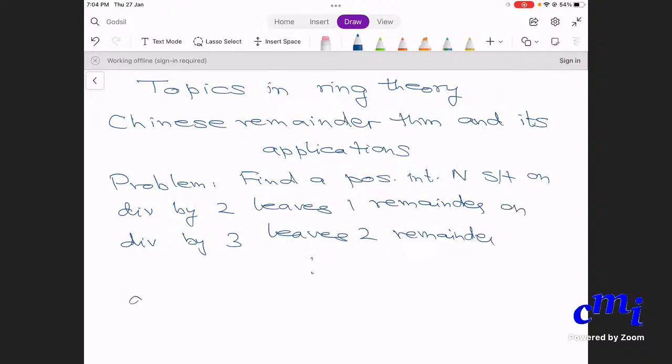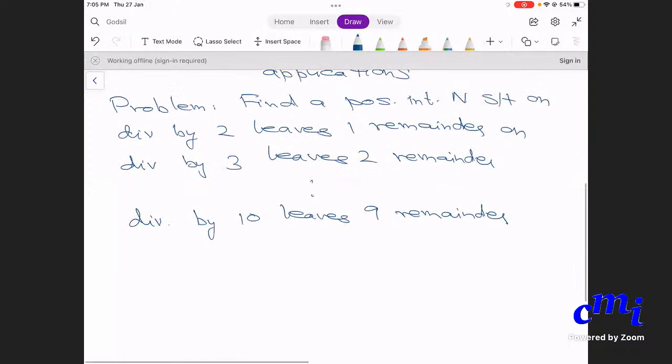So on and so forth. On division by 10 leaves a remainder of 9. So we want to consider problems of this kind. We want to find integers satisfying various conditions of this kind, that is, on division by something leaves some particular remainder. So this is one specific example of such a problem.